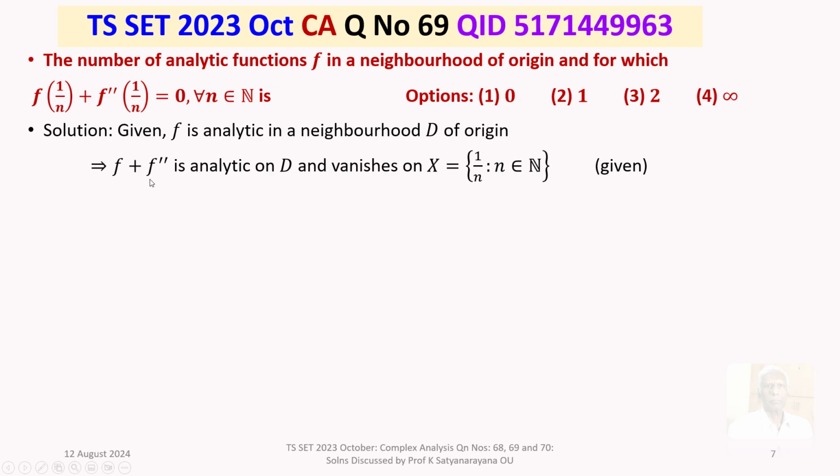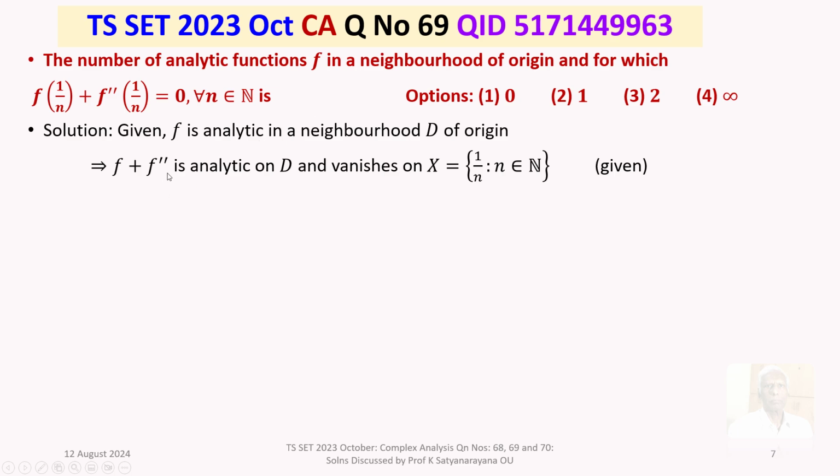Also f plus f double prime is analytic on D and vanishes on x is equal to 1 by n, n belongs to N. Now f is analytic in D, then all its derivatives are also analytic.